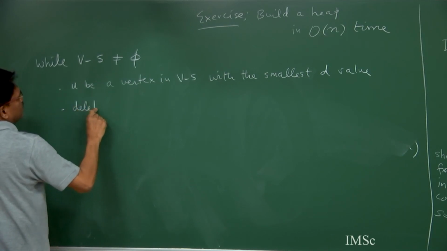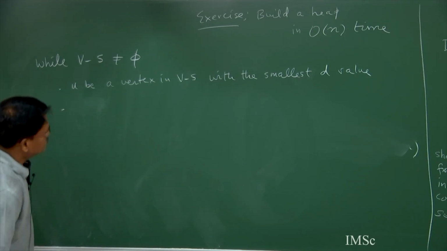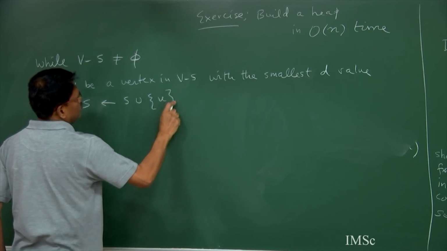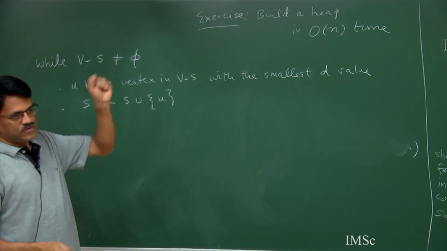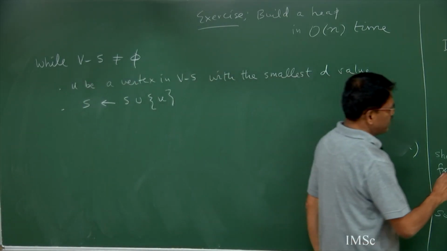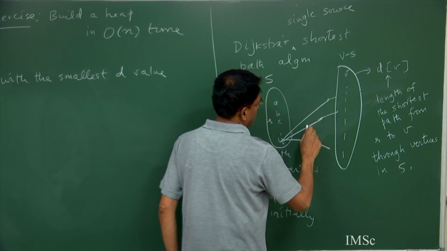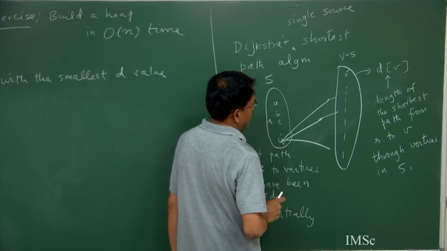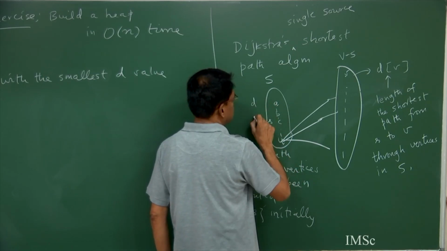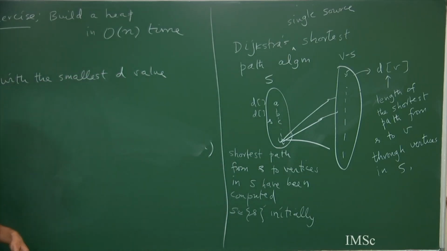So, delete, so my S becomes S union this U. So, automatically V minus S becomes V minus S minus this vertex. Now, some new vertex has come here. So, I will look for its neighbors and see whether, okay. Also, every vertex here also has a D value, which is actually the length of the shortest path from S to that vertex, right.